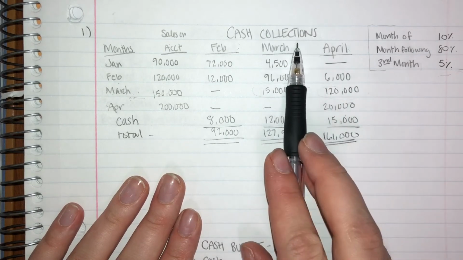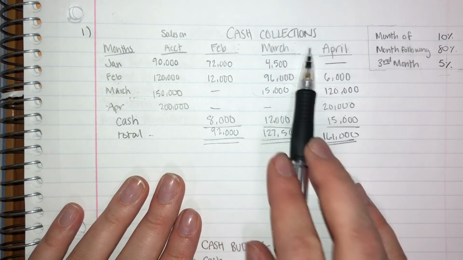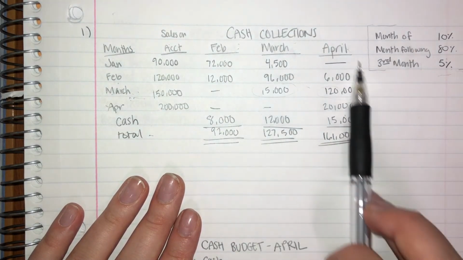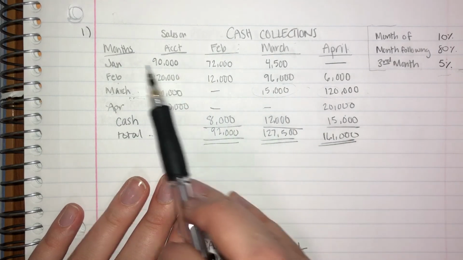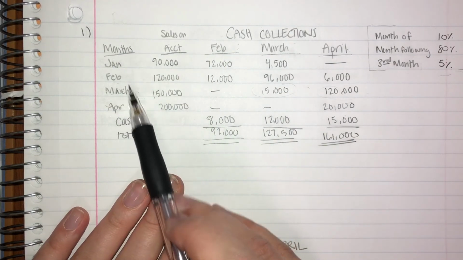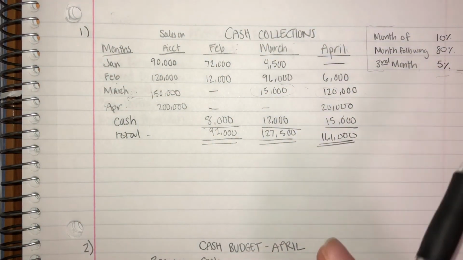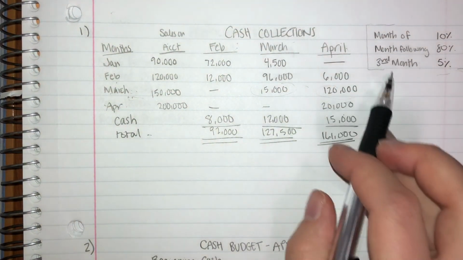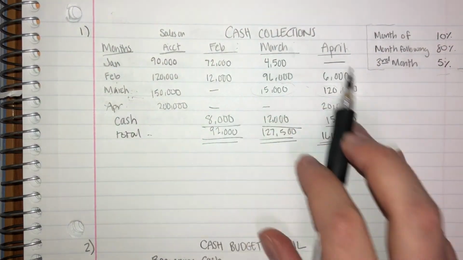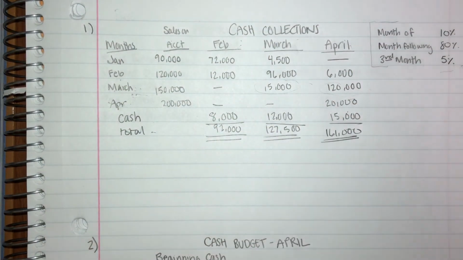Just to point out, I put a nice title here. I have all my information in my table laid out, and I made sure that I had my January, February, March, April. I didn't squish all the information into one line, because that will be more confusing. So make sure that your schedule on your test looks something like this. Okay, so we're going to work on the next problem in the next video.